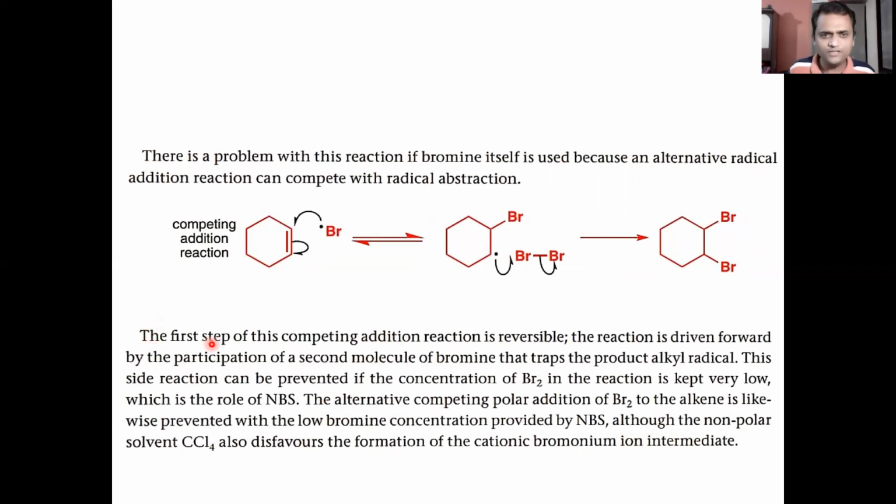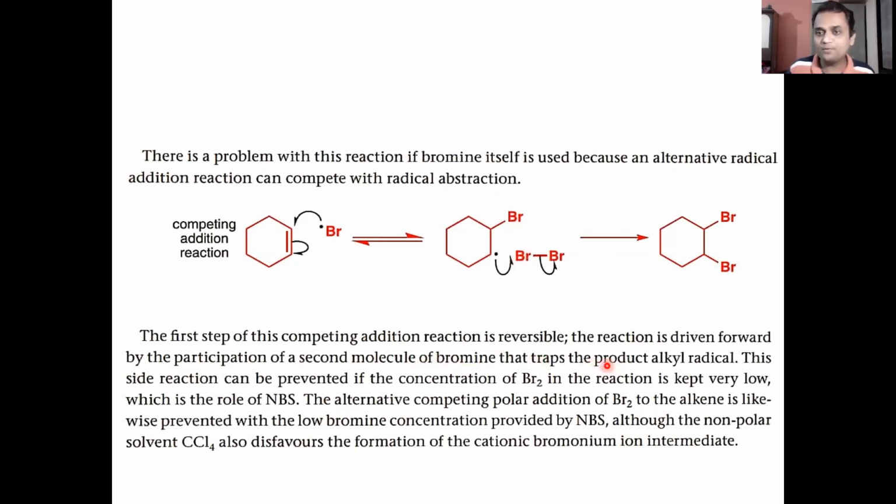The first step of this competing addition reaction is reversible. The reaction is driven forward by the participation of a second molecule of bromine. If we use only Br2 in this reaction, then the second molecule of bromine gives us Br.